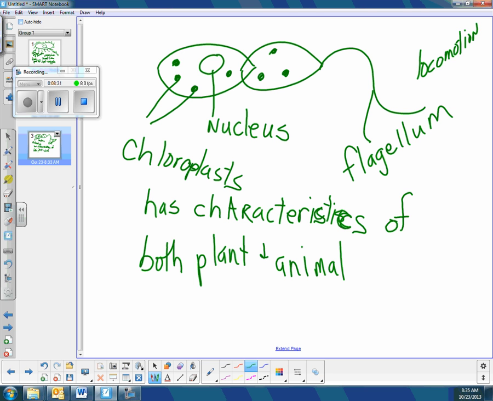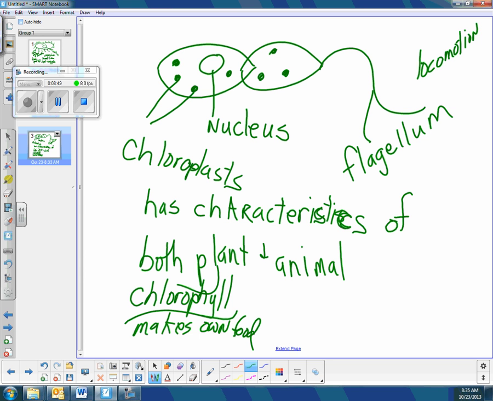Now, let's break down how this guy is a plant. Well, we just found out. It has chlorophyll, which means it makes its own food. How is it an animal? Well, being an animal, it's breathing oxygen. So O2, it breathes. It eats. When it's not making its own food, it captures its own food.